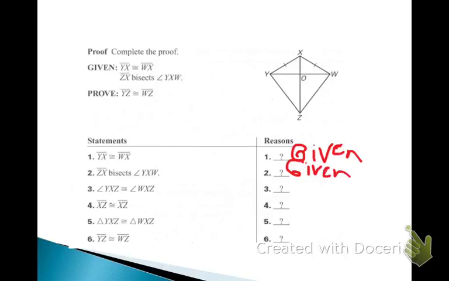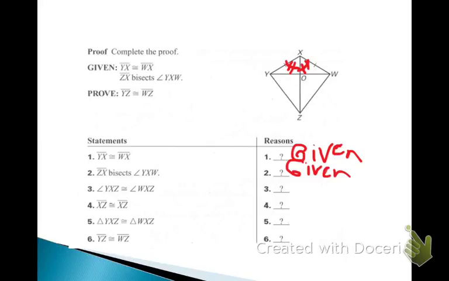Right. And then step 3, angle YXZ is congruent to angle WXZ. Those two angles are congruent. How do I know that? It's not given, so it's got to come from previous steps.